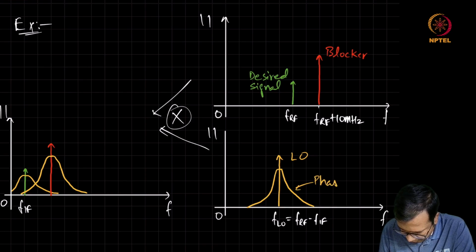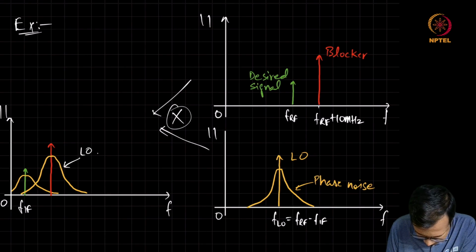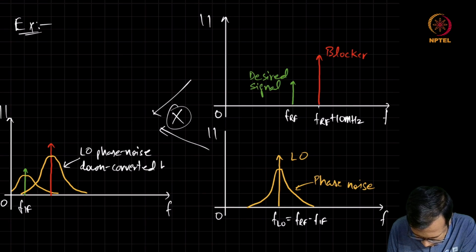This is phase noise. This one is LO phase noise down converted by the blocker.